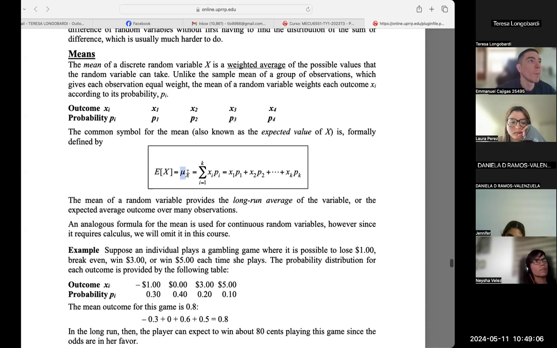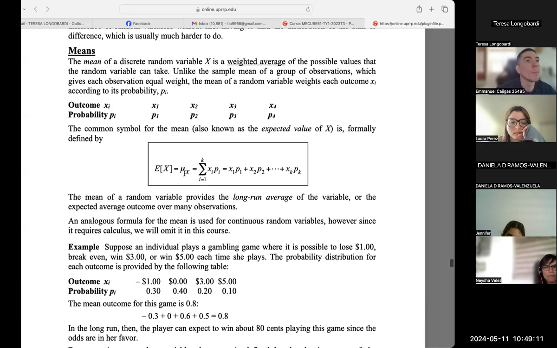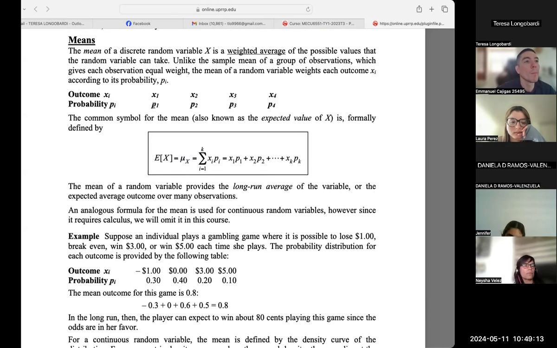So this looks familiar, right? This is the distribution I present to you. These are the possible outcomes, and these are the probabilities. What kind of distribution is this? Is it discrete or is it continuous?